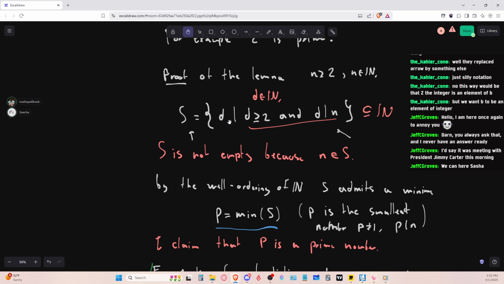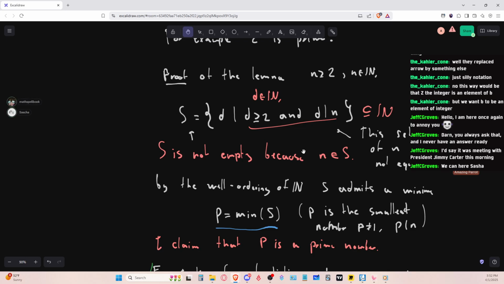Yeah. So the S, if I had to write the definition in English, is the set of divisors of N that are not 1. So basically N is acting as the main umbrella of the whole set. Yeah, we care about the divisors.